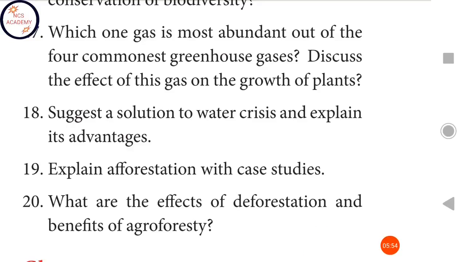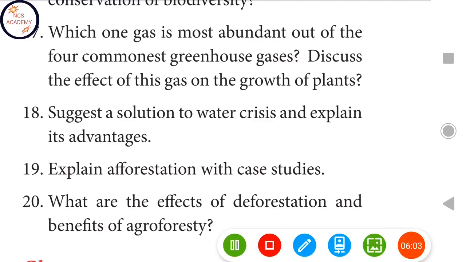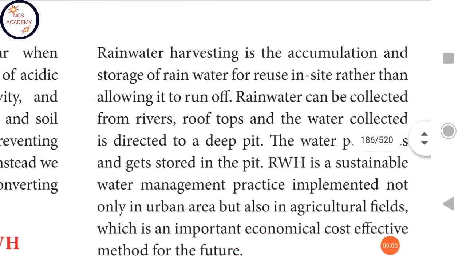Next, suggest a solution to water crisis and explain its advantages. Rainwater harvesting is the accumulation and storage of rainwater for reuse on site rather than allowing it to run off.